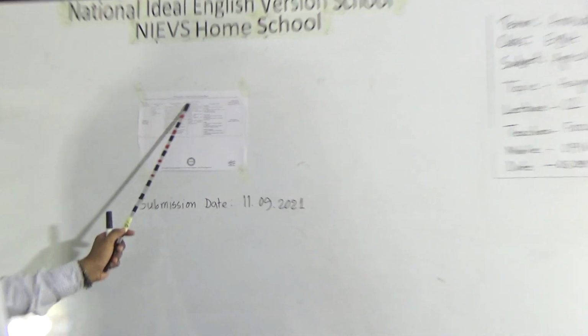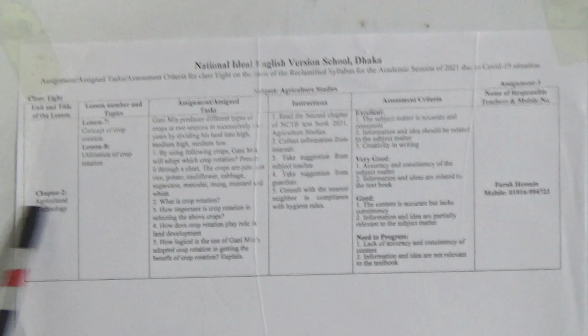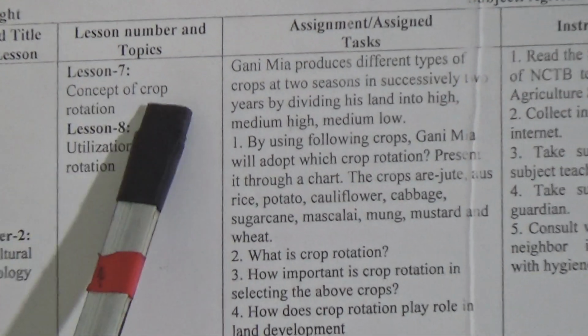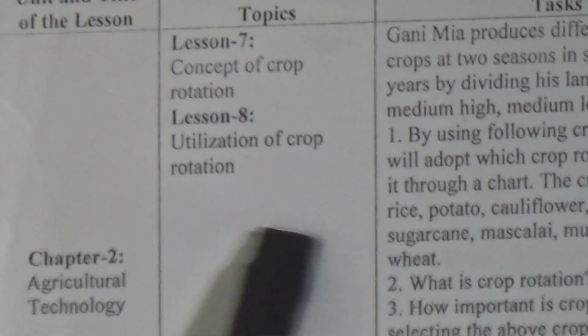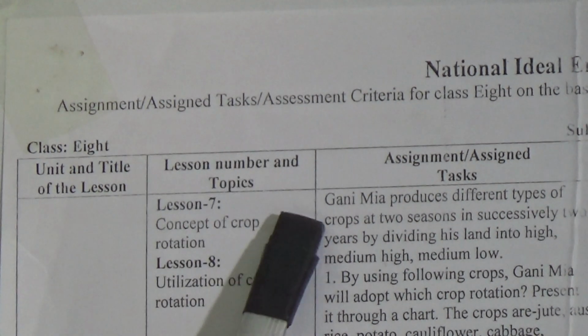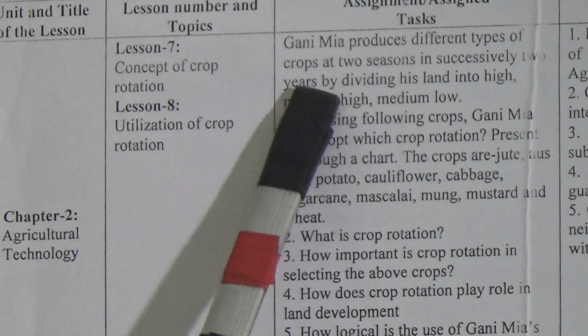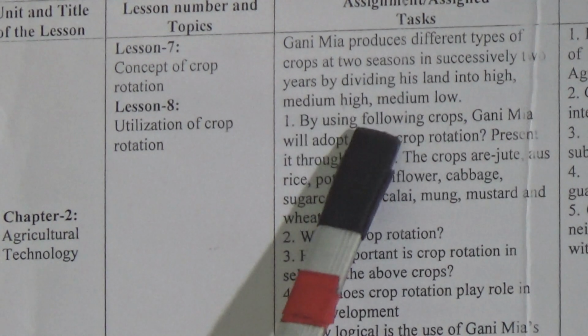Dear students, class 8 Agriculture Studies assignment 3. It's from your textbook chapter 2, Agricultural Technology, and from lesson 7, concept of crop rotation, and lesson 8, utilization of crop rotation. Then the assigned task: Gonemia produces different types of crops in 2 seasons in successive 2 years by dividing his land into high, medium, and low.